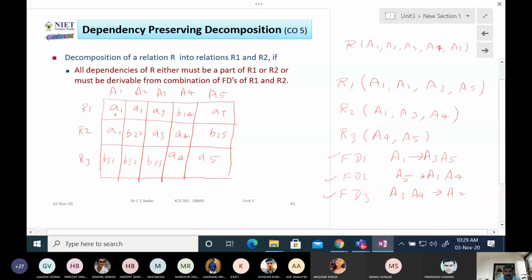Here we will check A1 determines A3 and A5.